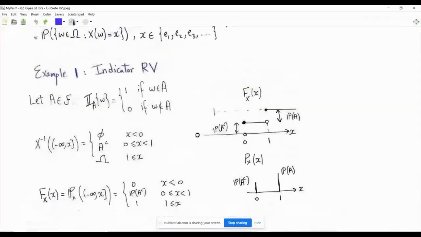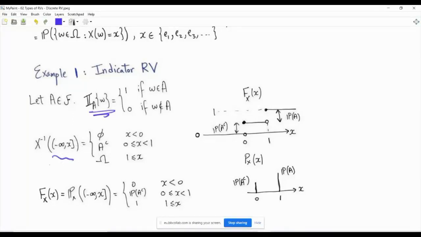Why is this indicator a random variable? Let's pretend to be very objective, and just call this thing a function until we establish that it is really a random variable. Again, the test of being a random variable is that the pre-image of any Borel set should be part of your sigma algebra.